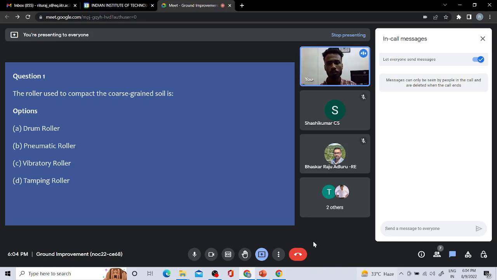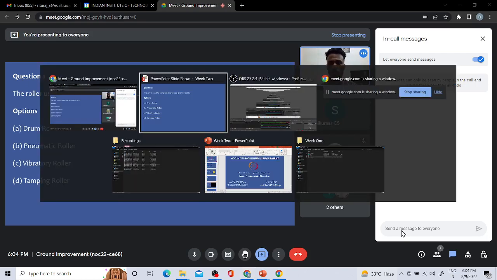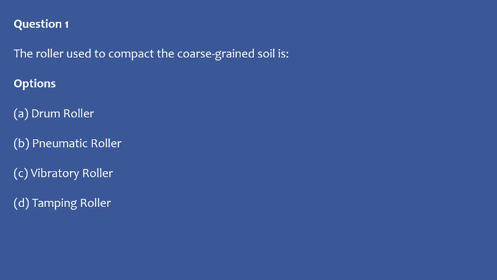You can post your answer in the chat box if you want to. Fine then. The answer to this question is the vibratory roller, which can be used to compact the coarse grained soil.